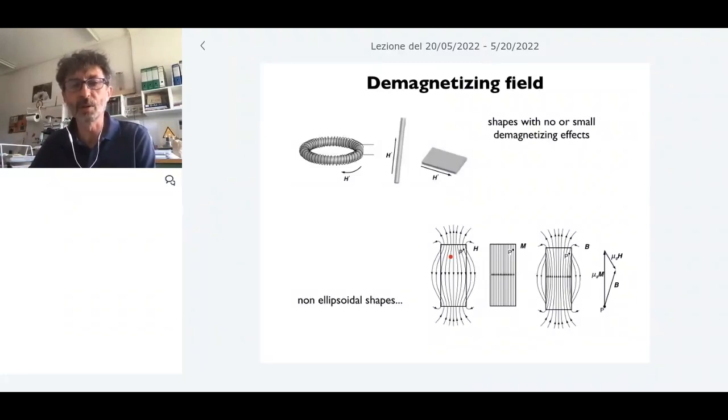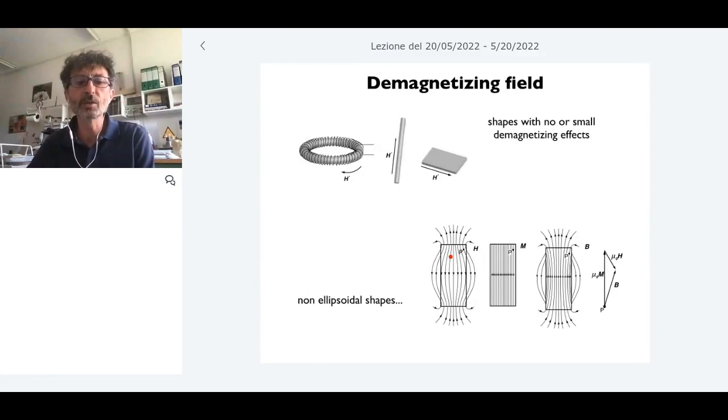The first is toroids. A typical situation where the demagnetizing field is low or negligible is a material which is closing on itself. It's clear that then I have to generate the field by winding wires around it. But this is one of the cases, and this is very much used for the characterization of soft magnetic material, where I have a negligible demagnetizing field.